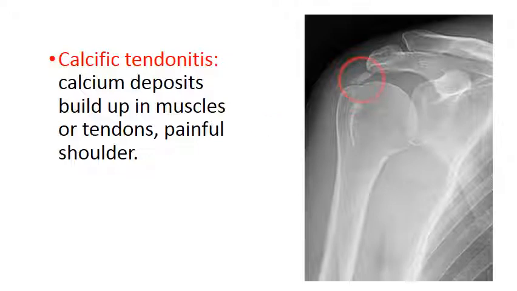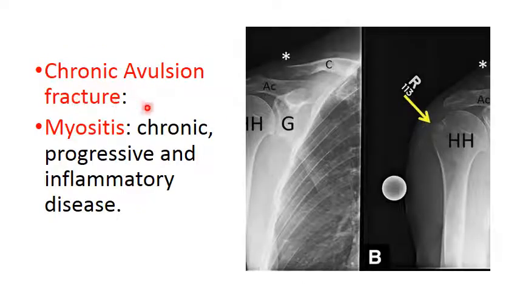Then what are the other suspicions? Let us see that. Chronic avulsion fracture. This chronic avulsion fracture you may see in athletes. One particular piece of the bone may come out and be present in this particular area. That type of fracture is called a chronic avulsion fracture.